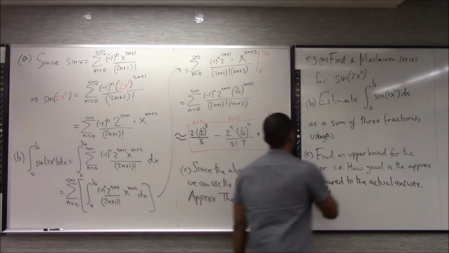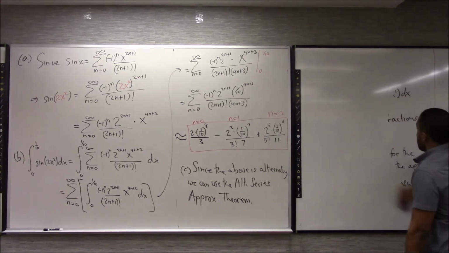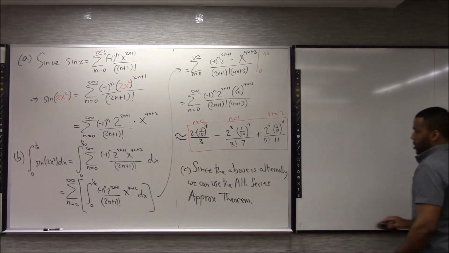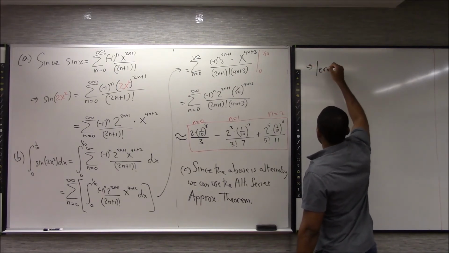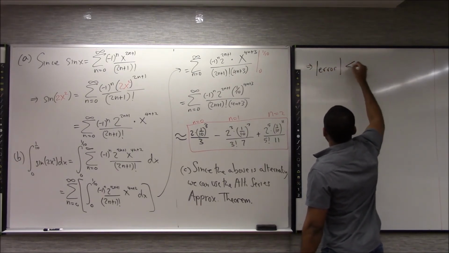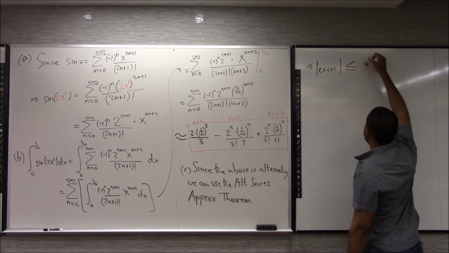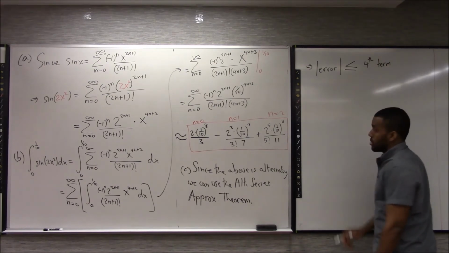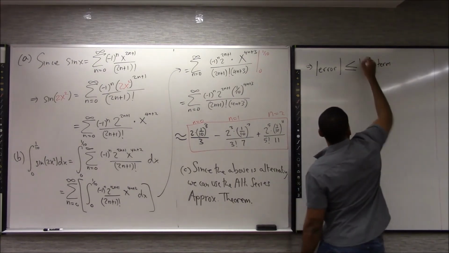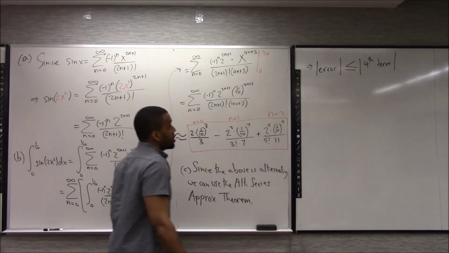So the error, I can find an upper bound for that error. It will be at most, do you remember what that theorem says? It'll be at most less than or equal to the fourth term. The size of the fourth term. So that's going to be when I plug in n equals 3.